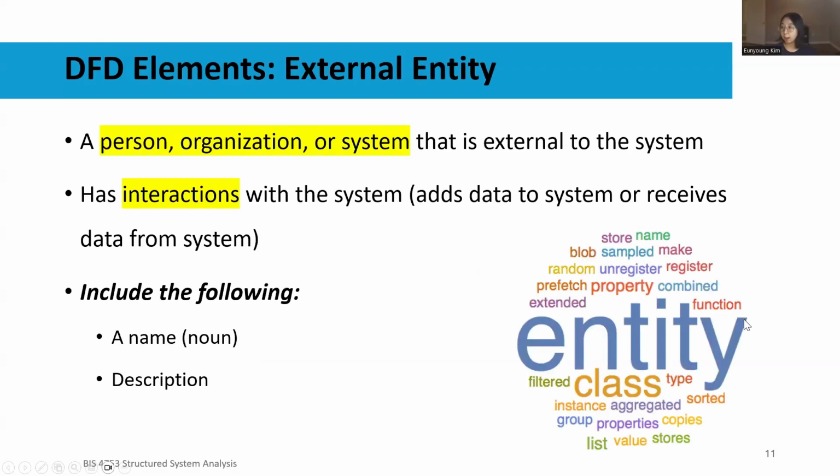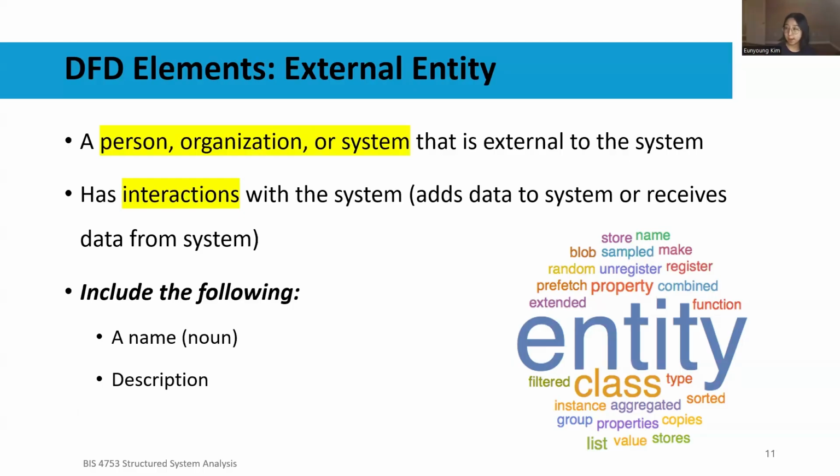Lastly, we have the external entity, which interacts with the system. And as I said before, it can be a person, organization, or a system which interacts with our system. For example, a supply chain management system should interact with an order processing system, right?